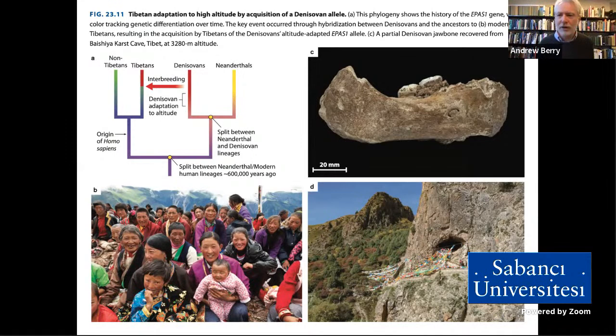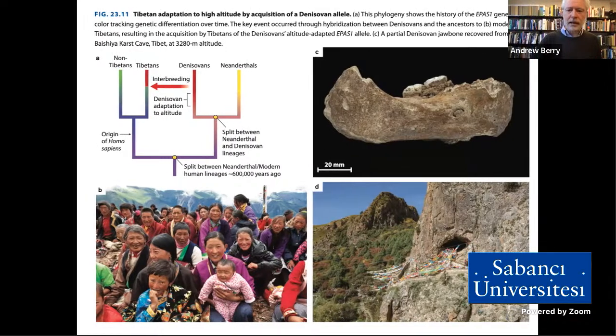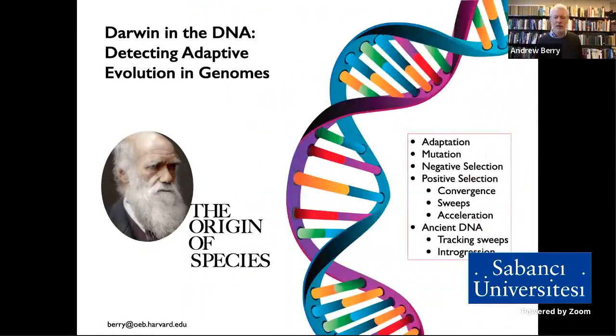So yes, they were adapted to life at high altitude, and yes, that is the key to Tibetan adaptation. There is a beautiful instance of positive natural selection, a wonderful and critical adaptation for life at altitude in low oxygen environments. Okay, folks, that is all I have to say.